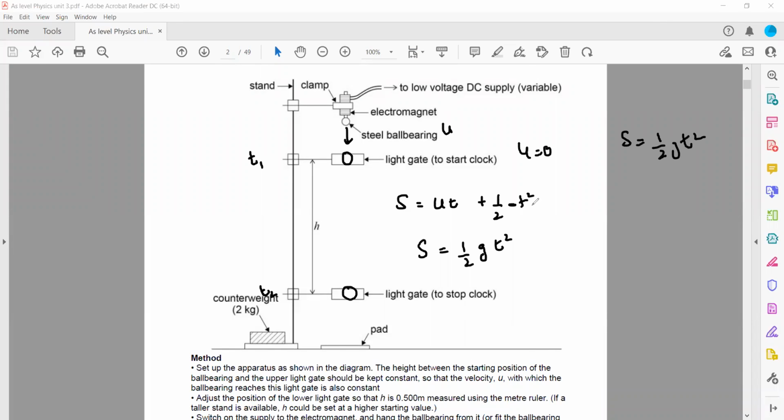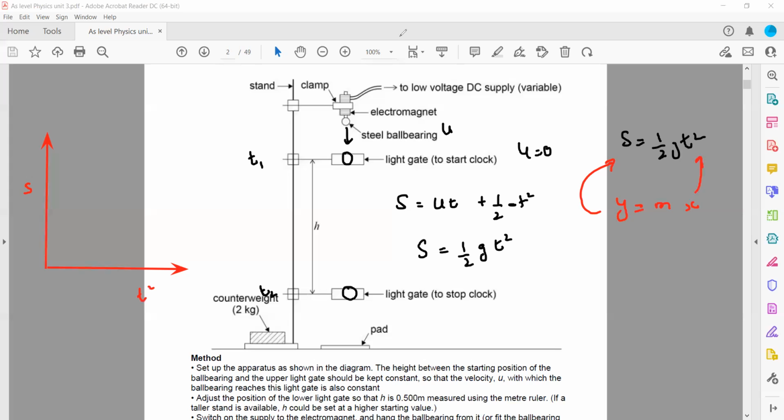Then we'll compare with the equation of a straight line, y equals mx. On the y-axis, we sketch the displacement, the distance between the two light gates, or the distance the ball travels when it is moving between the light gates. On the x-axis we have t squared.